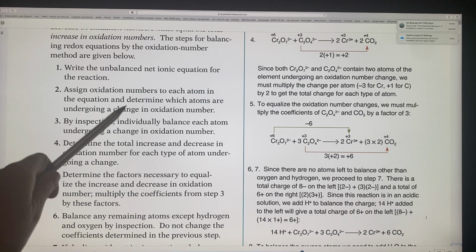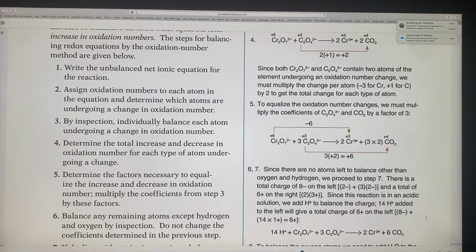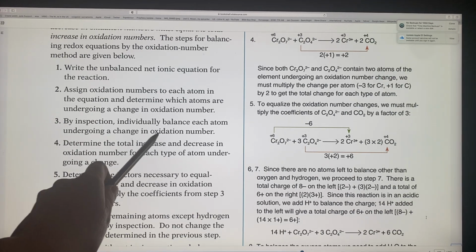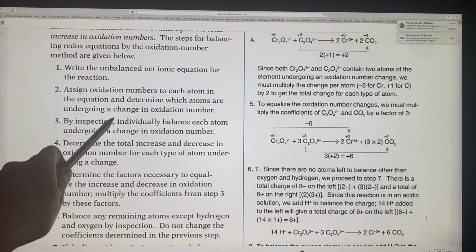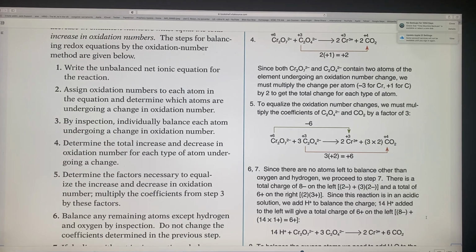You're assigning the numbers, and then you're figuring out which ones are undergoing oxidation, which we just talked about. Then in number 3, by inspection, we're going to individually balance each atom that is undergoing a change in oxidation number. So we're going to look at the ones that have the change in oxidation number, and balance those ones, not the other ones.